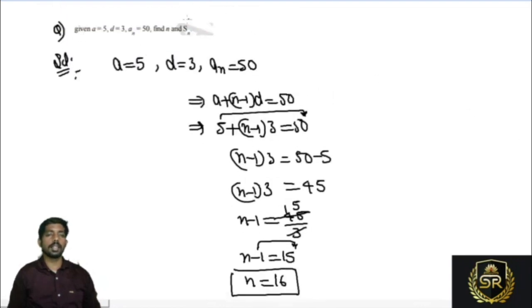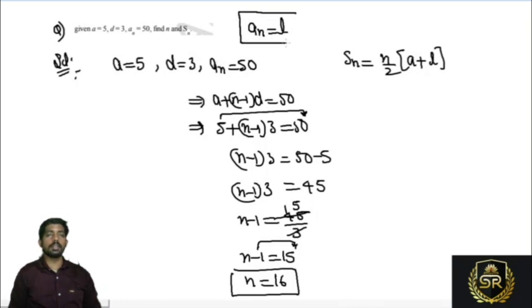Next, what is asked? Sn is asked. So Sn formula we know. Sn is equal to n by 2 into first term plus last term, which can also be written as L. Nth term or last term, both are equal. So here n is 16, right?